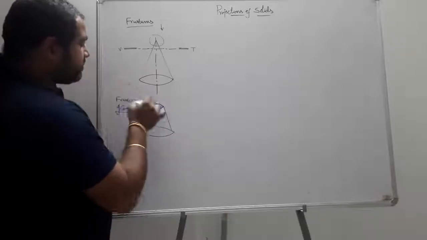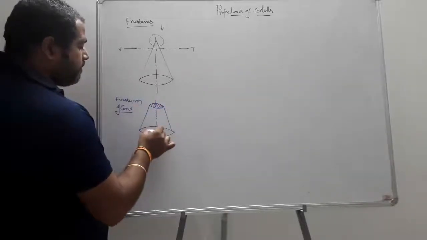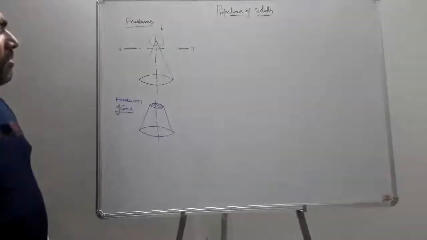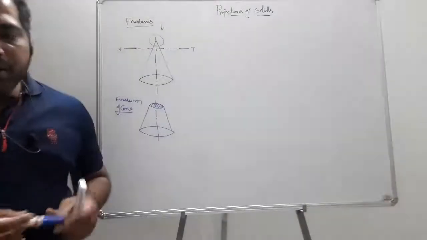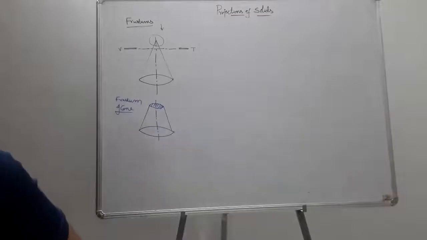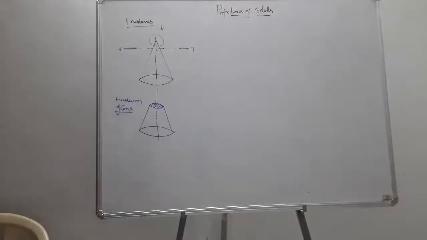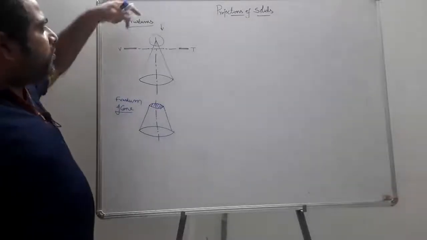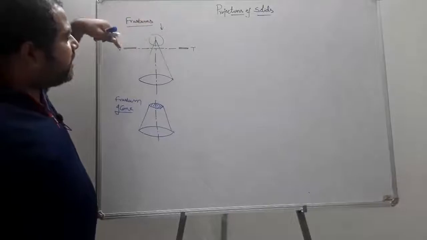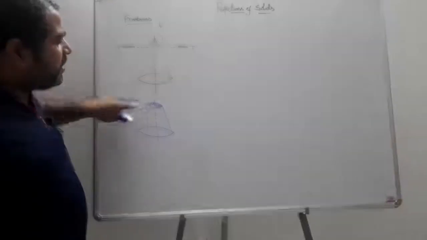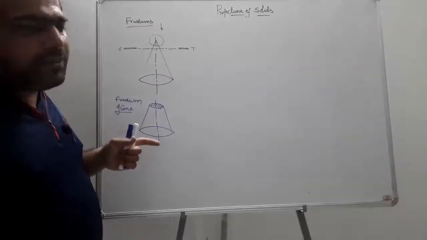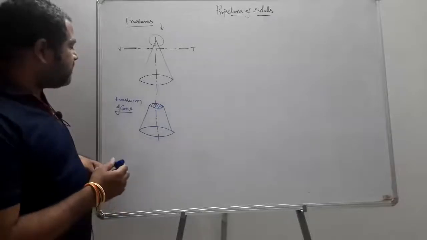So this was the frustum. Frustums are sectioned solids in which a section plane cuts the original solid. After the sectioning, if you remove the portion between the observer and the section plane, the retained portion we call a frustum. So here we can consider it the frustum of a cone.